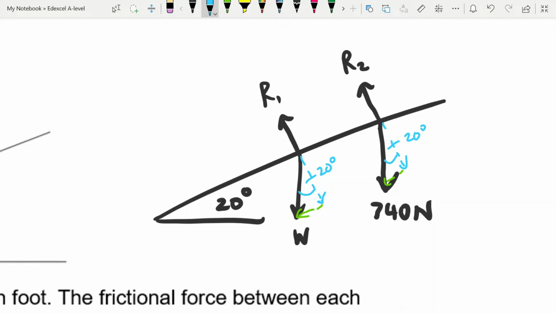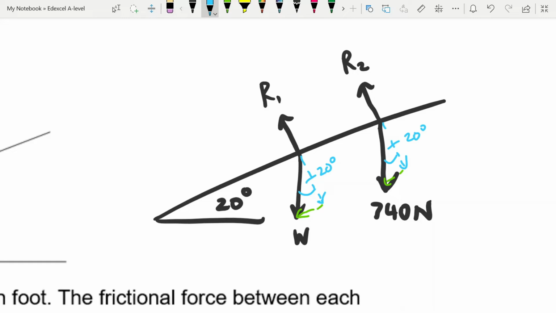Now we should see that those blue arrows are the adjacent side to those 20-degree angles. So we're going with cos. And the W, the weights here, W for the bag and 740 newtons for the person, that'll be the hypotenuse of those triangles. So we know that cos theta is adjacent over hypotenuse.